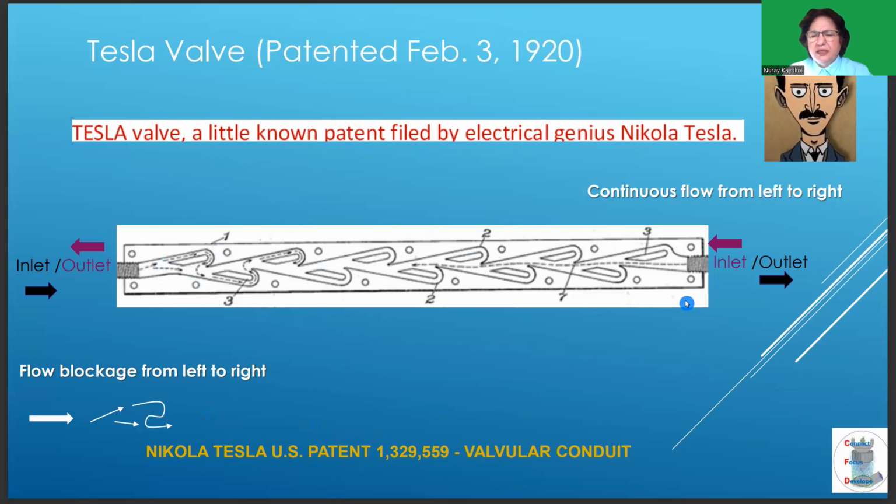This is the original picture from the Tesla valve patent. Here, flow will move from left to right, or right to left. That is a two flow direction valve. As you see, there are some patterns on the geometrical shape of this pipe. Actually, some obstacles are replaced with a certain pattern. If you follow these arrows, flow is coming from the inlet.